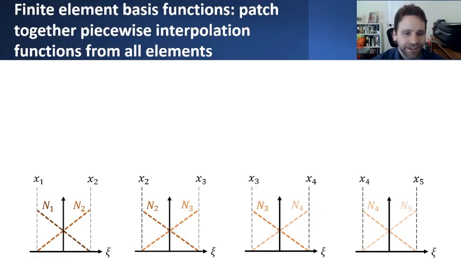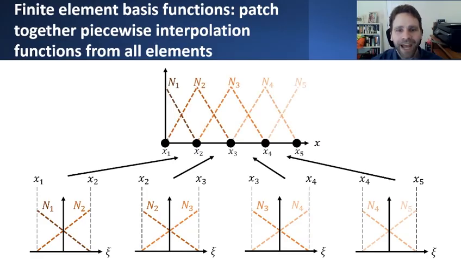But it turns out that if we're being consistent about how all the elements are pieced together, then we can take these local shape functions defined on an element-by-element basis, and we can patch them together in order to come up with holistic representations of the basis functions in a whole domain ranging over the full size of the structure itself, consisting of all the elements stuck end on end. And what we'll find is that we'll get a set of basis functions, associated one for every single node in the structure, which give us a way of interpolating nodal values in this piecewise fashion.